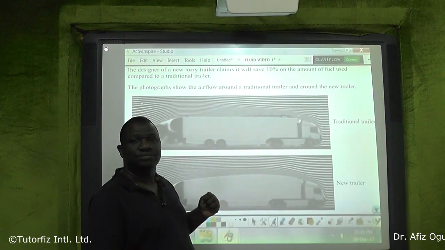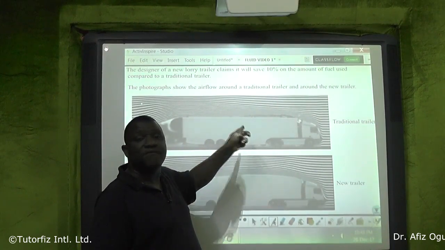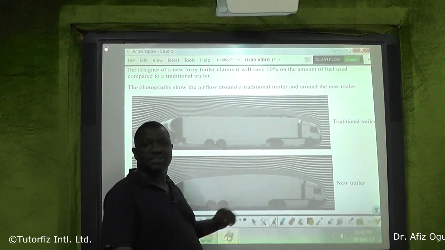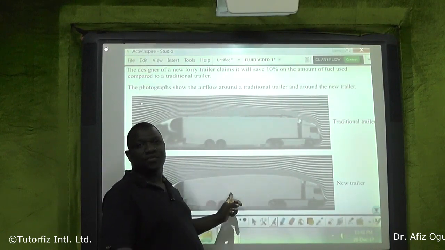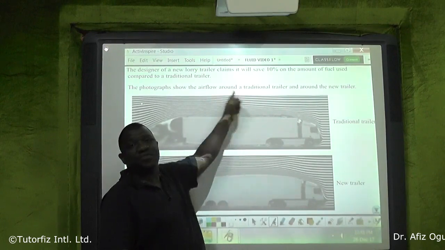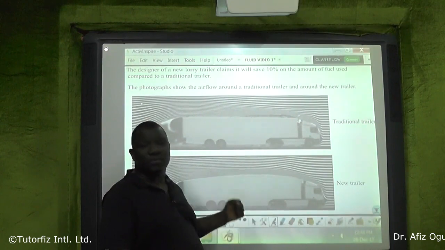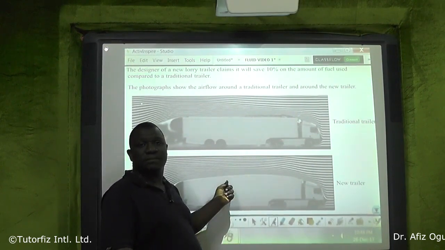So for that, if that is going to be done, it will consume more fuel than this. Even though they are going to move the same distance, they have the same engine, it needs to do more work than this one. Because first it has to do some work to overcome the turbulence and the drag force associated with the turbulence here, which is not here.